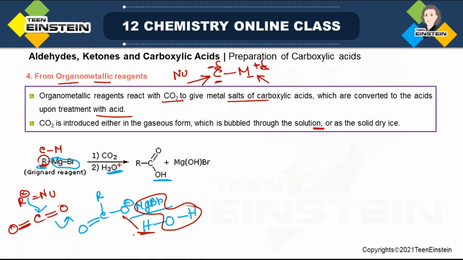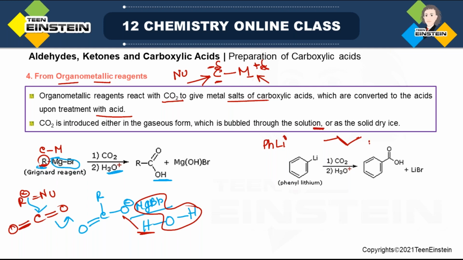Okay. Another example, which is not a Grignard reagent, but you should also know it. Here we have taken phenyl lithium, PhLi. There is another important molecule also, which is butyl lithium. Four carbon chain, 1, 2, 3, 4, and then lithium. This is known as n-butyl lithium because it is a linear chain. Now phenyl lithium is also an organometallic reagent because you have a carbon metal bond.